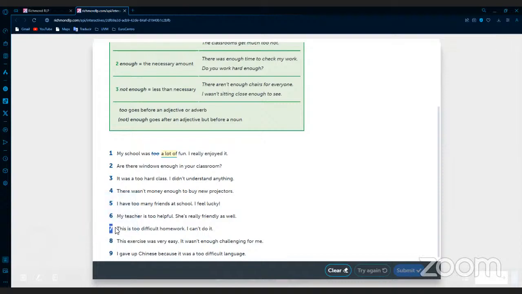Emily, number 7. Livni, number 6. Andy, again, number 5. Aranza, number 4. Emily, number 3. And Livni, number 2. So the other way around. What we need to do here is find what's wrong with the sentence. It mostly has to do with enough or too.